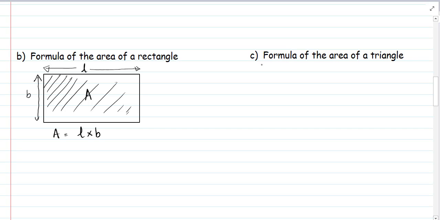Now I'm going to recall the formula for the area of a triangle.